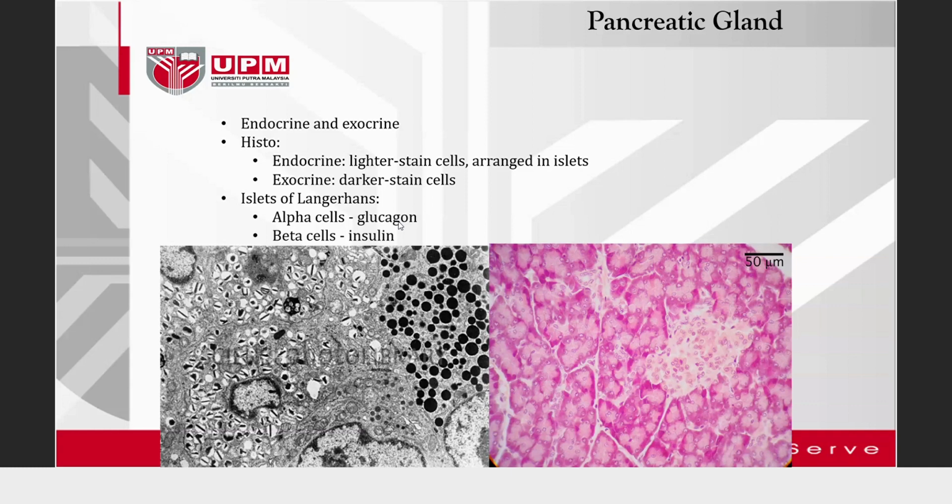But an increased amount of colloid sometimes can be difficult to appreciate, since it's normal for the colloid to fill the entire lumen of the follicles. So the colloid does not have much function by itself. They are like a reserve. When needed, the cells will take it up for production of hormone.